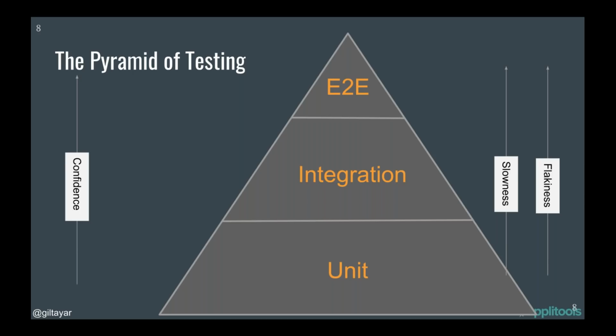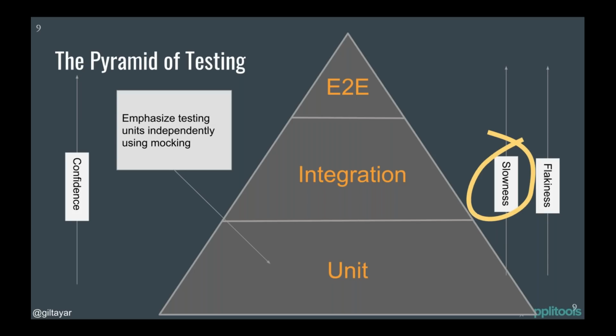So the pyramid school emphasizes unit testing. And when I do unit testing, I actually have to mock things up, because if I test one unit and it depends on another unit, I can't test them together. So I do lots and lots of mocking. It emphasizes lots of unit tests because it wants speed of testing.